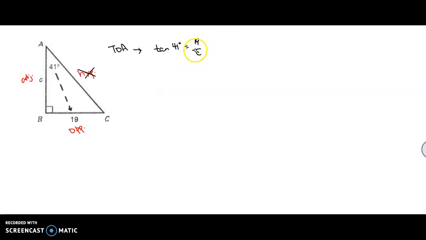So now if we solve for C, right, I'm going to multiply by C on both sides. So I have C tangent of 41 is equal to 19. And since I'm solving for C, I'm going to divide by tan 41. Okay. All right.